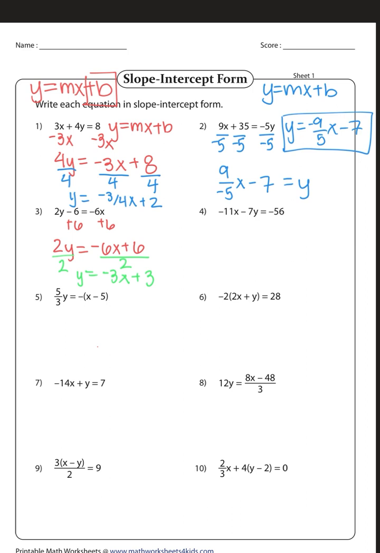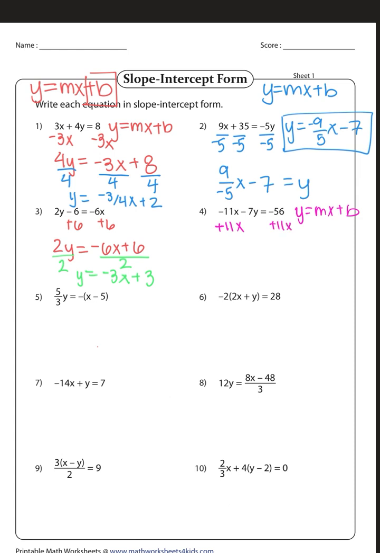Okay, so let's continue to the fourth problem. So we have negative 11x minus 7y equals negative 56. So we see x and y are on the same side, and that doesn't match our y equals mx plus b form of the equation. So we have to move x onto a different side by adding 11x.